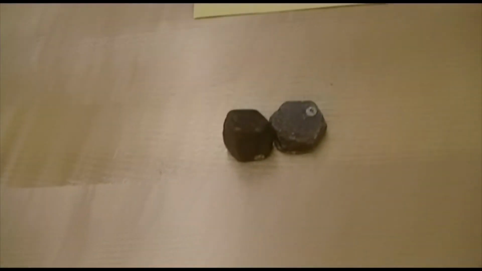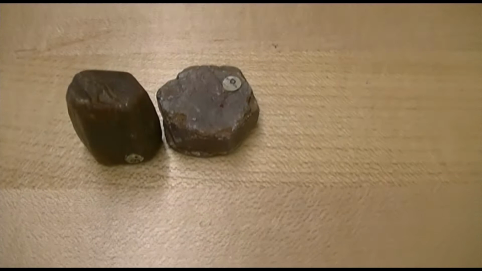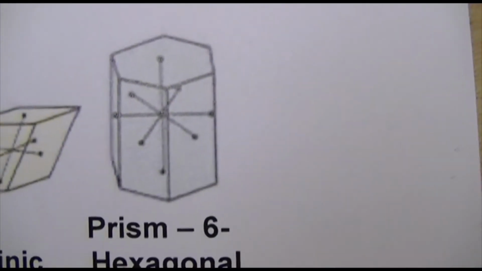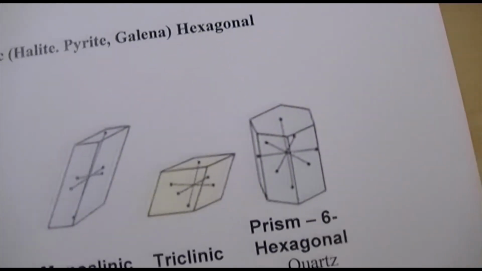Number 23. This mineral is hexagonal. Again, a prism. And so that is the nearest shape that this mineral could form. All minerals would love to be cubes. This one here has such a complex chemical formula to it.